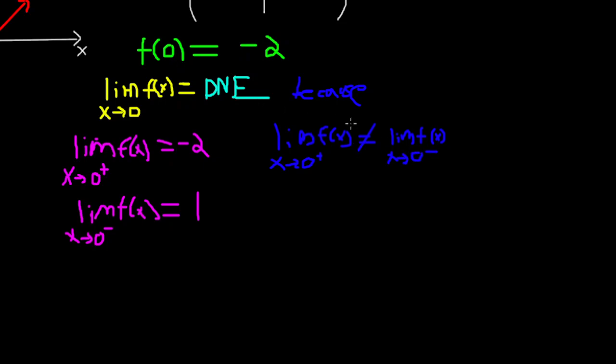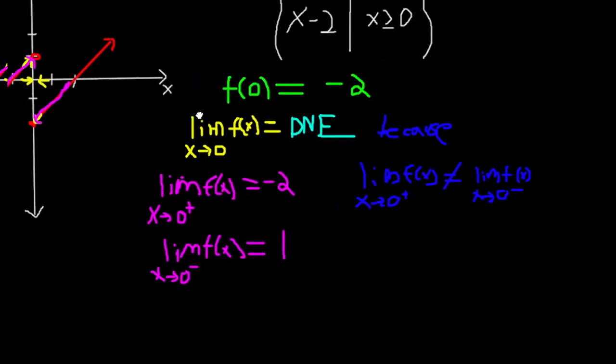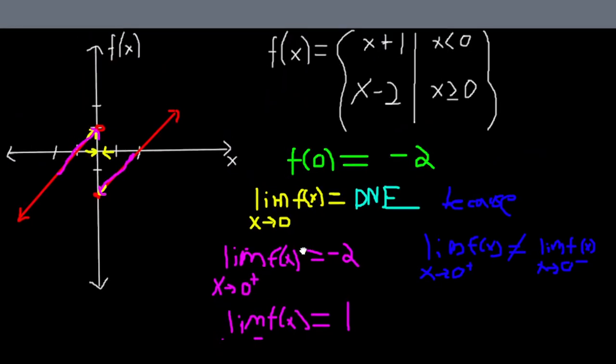So whenever you have this situation, that means the limit doesn't exist, and that makes sense, right? You can't have a limit here if it's two different things. You can't pick one. So, yeah.